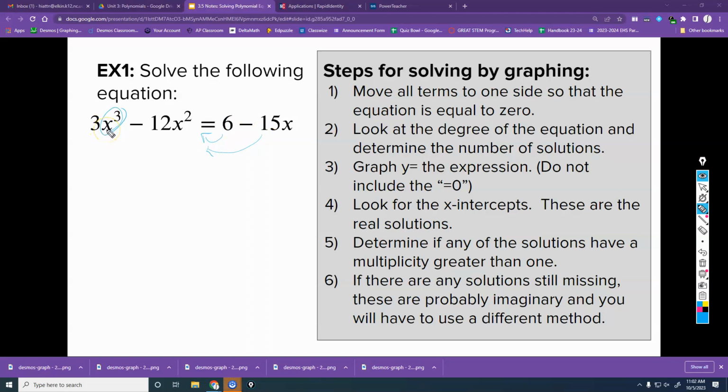To move stuff over, it just changes signs because you're just subtracting 6 and adding 15x. We like to put them in order, so we'd have 3x to the third minus 12x squared plus 15x minus 6 equals 0. Put 0 because there's nothing left on that other side.